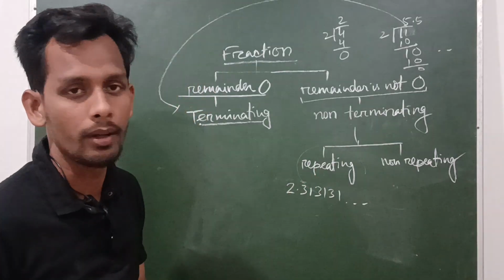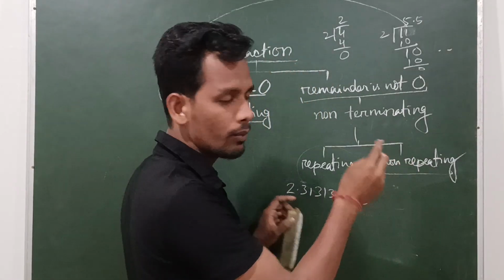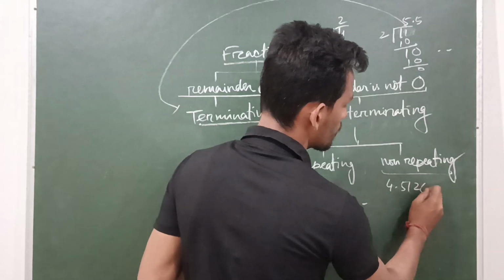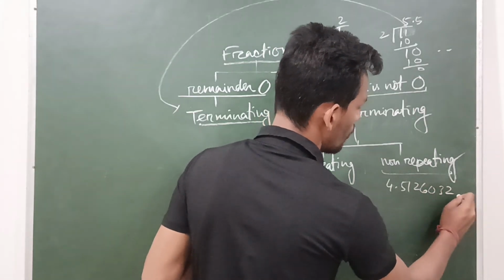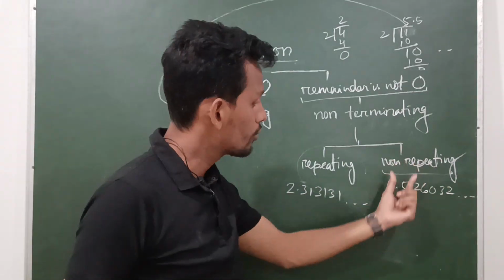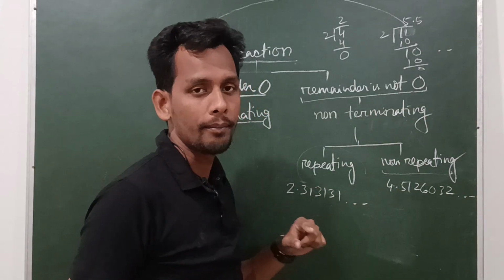Non-terminating repeating decimal. Non-terminating non-repeating means what? If you get an answer when you divide a fraction, say 4.5126032 dot dot, the remainder is not 0 but the same number is not repeating, so this is called non-repeating. Non-terminating, non-repeating.